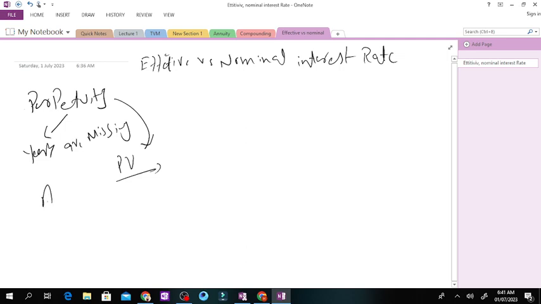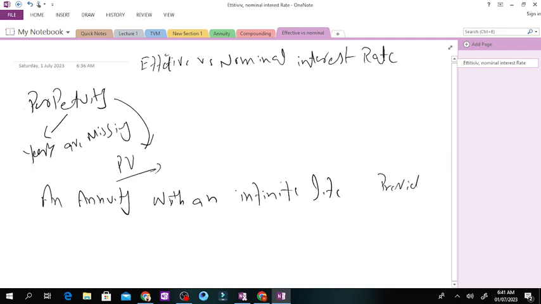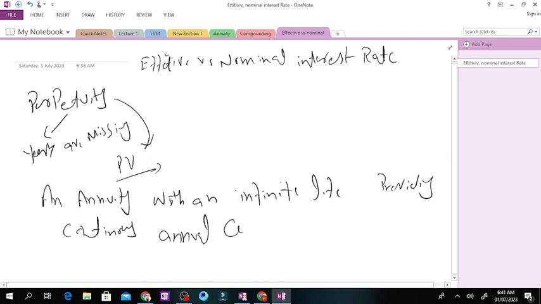An annuity with an infinite life providing continuous annual cash flow.